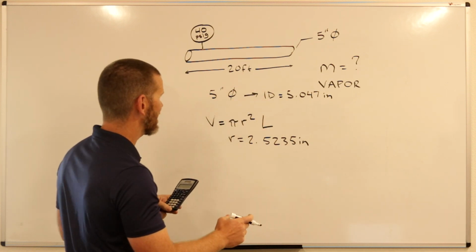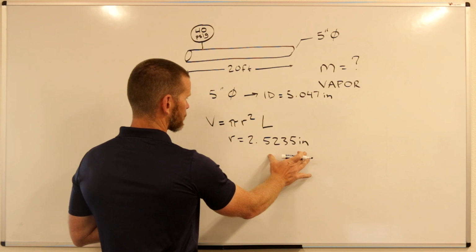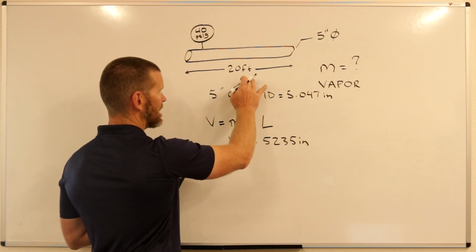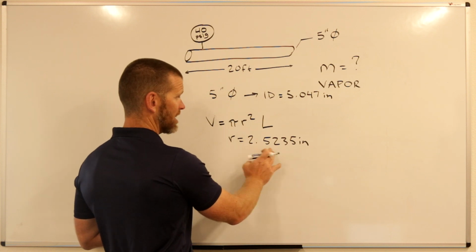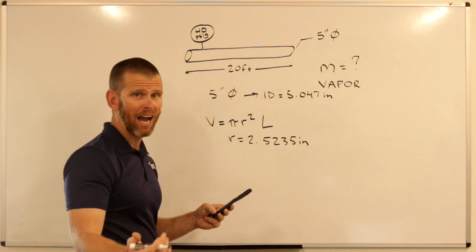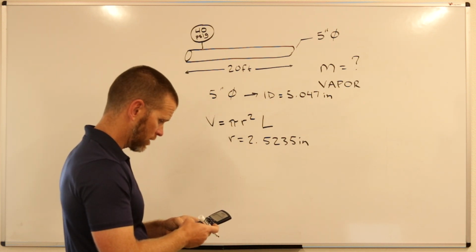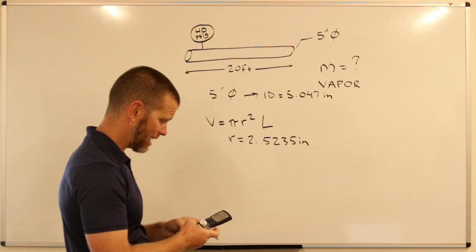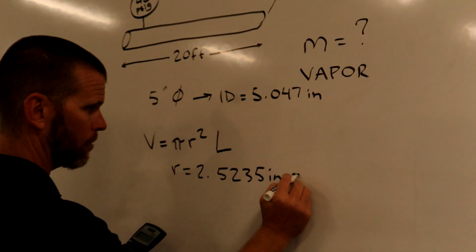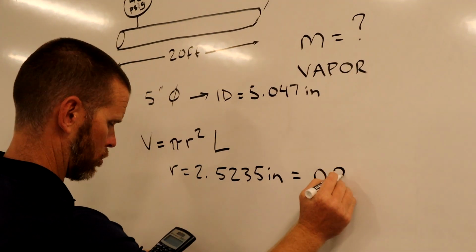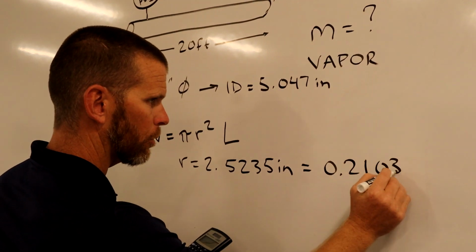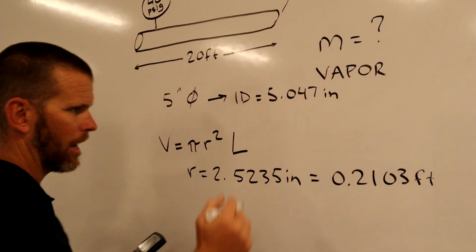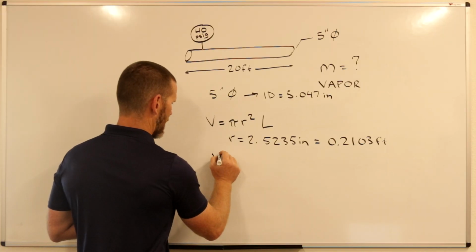But before we do that, because I have my radius in inches, and I have my length in feet, and I'm gonna wanna be dealing in cubic feet, I'm gonna actually convert my radius from inches into feet by dividing it by 12, okay? So my radius measured in feet is 0.2103 feet. All right, now let's calculate the volume of our pipe.